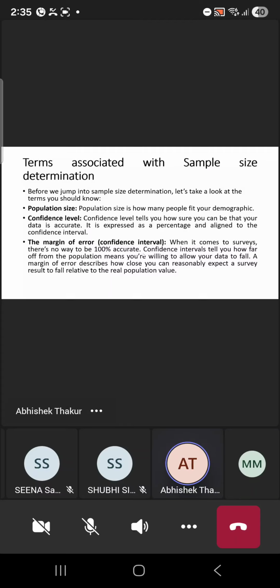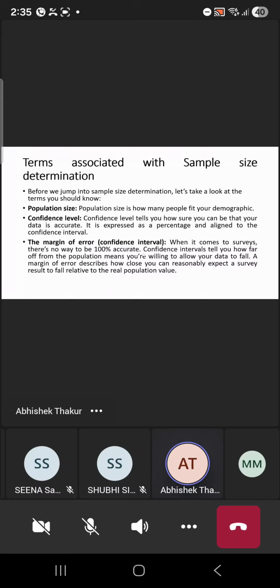Next is the margin of error. The margin of error means the difference between the actual value, the true value, and the confidence level. So how much difference do you accept between your sample results and the true population value? Like you're accepting 95% confidence that our result will be true.